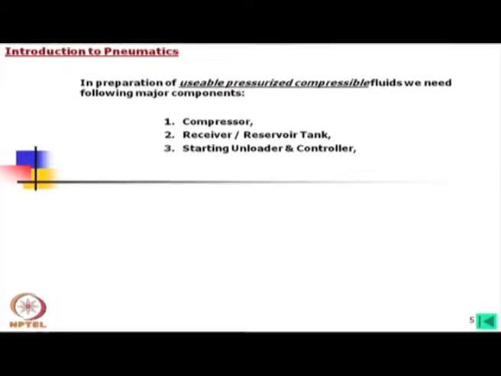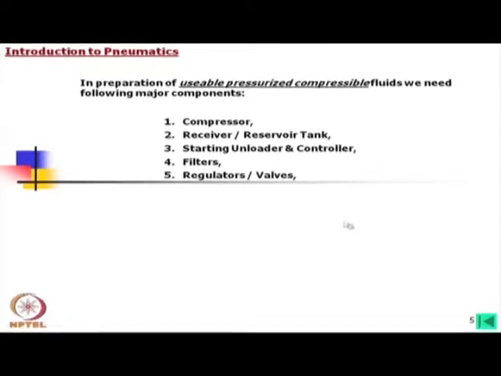This is very important, we will come to what it is. Then we need filters. This filter is not the suction strainer, that will be there too. After the compression we need an online filter to make the air dust free.